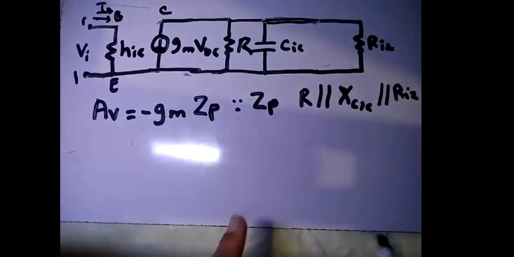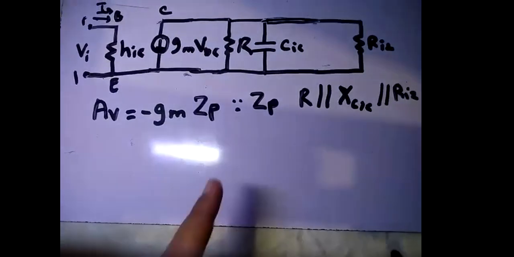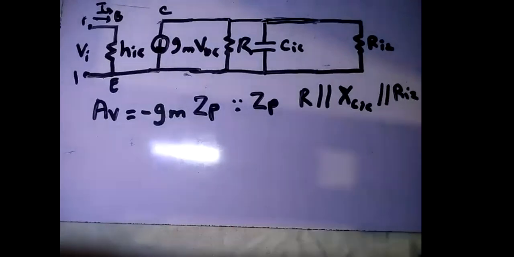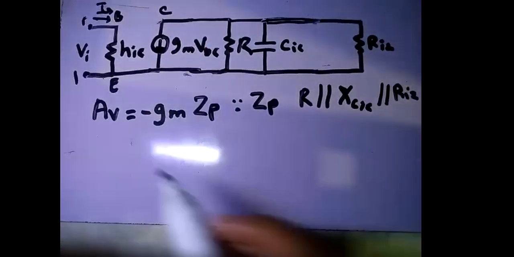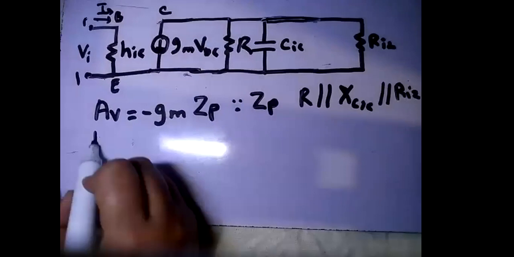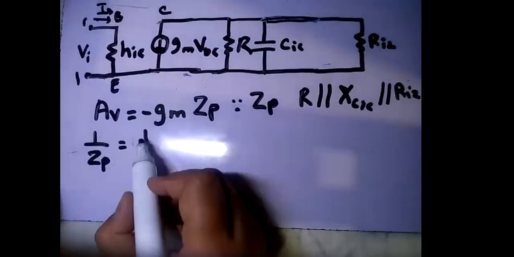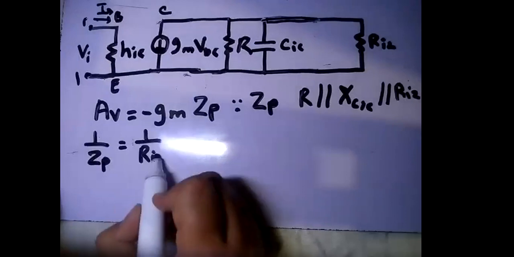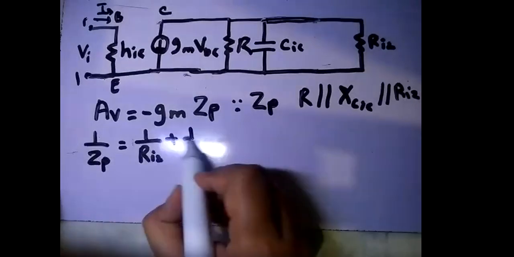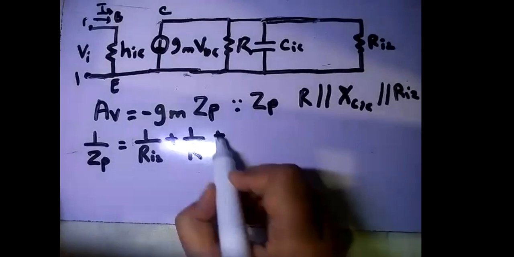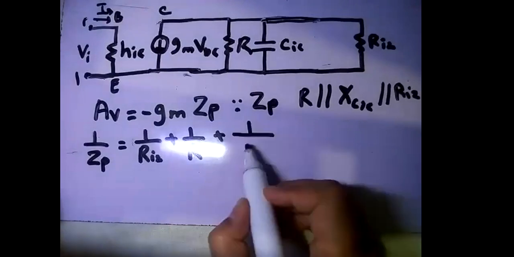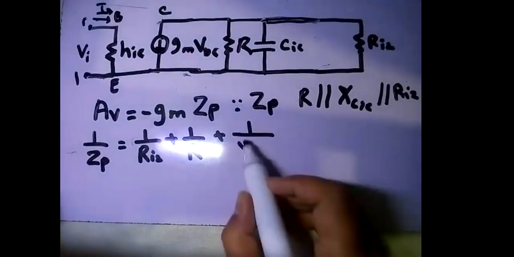So first of all, we will calculate that impedance. As they are in parallel combination, 1 over RI2 plus 1 over R plus 1 over XCIE.